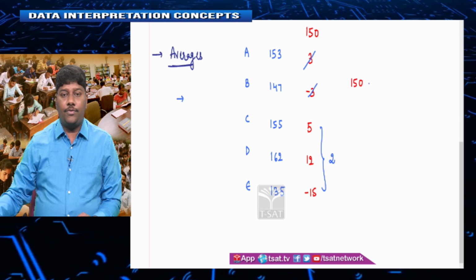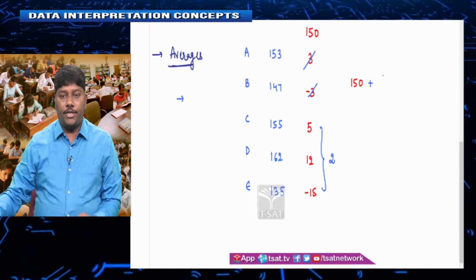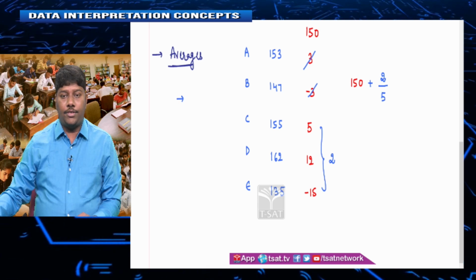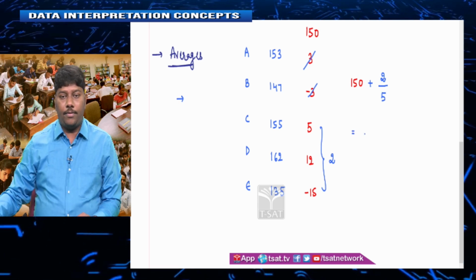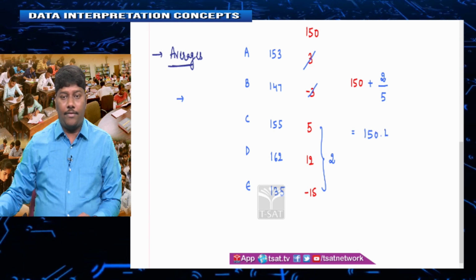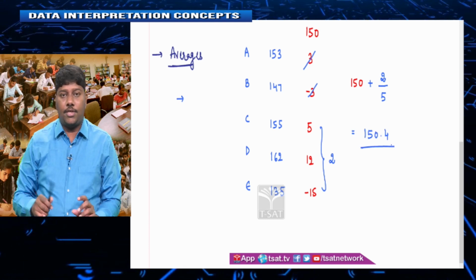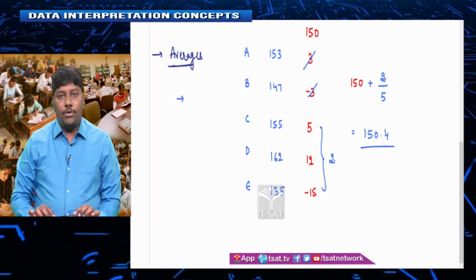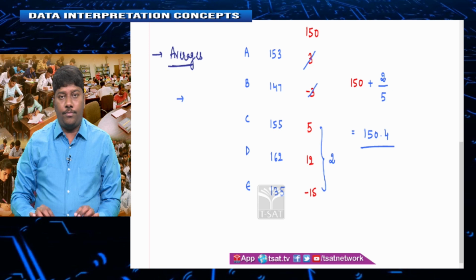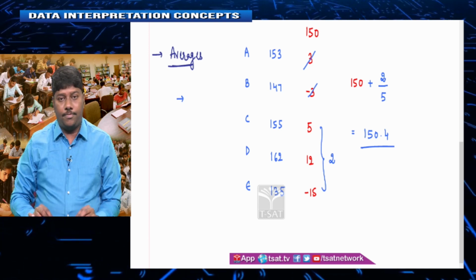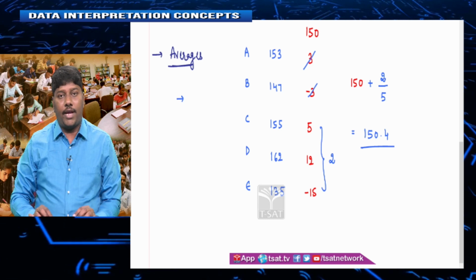These deviations affect all 5 observations, therefore you divide 2 by 5, which gives 0.4. So the average of all 5 observations is 150.4.